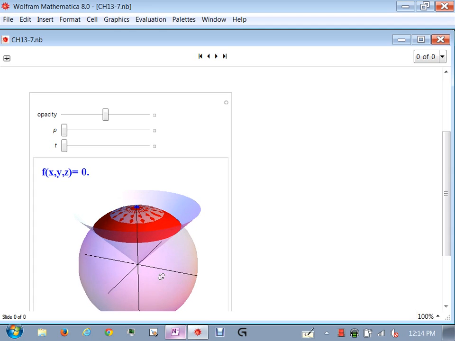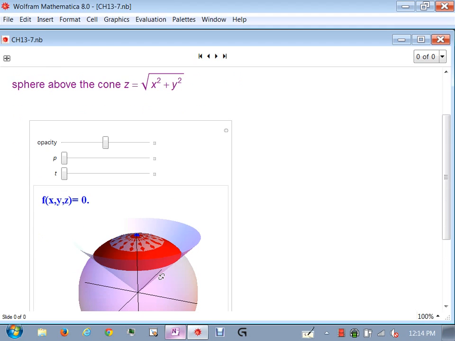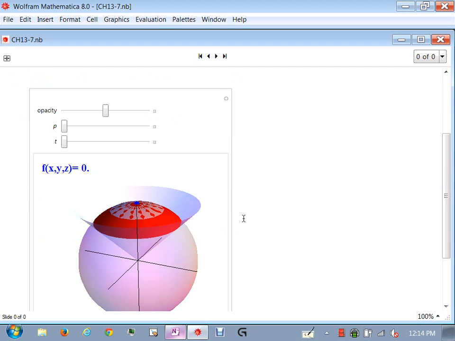Here it is. I have a cone. I have a sphere. I want the part of the sphere above the cone. So above the cone, but on the sphere. Do y'all see that red little cap there?